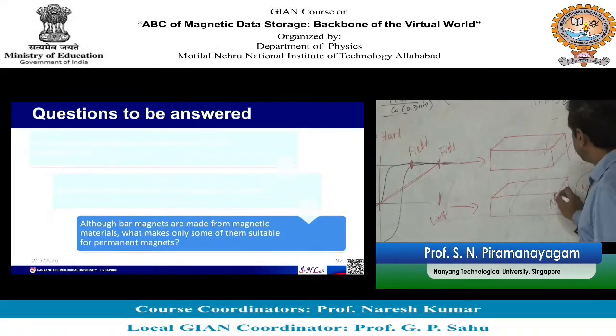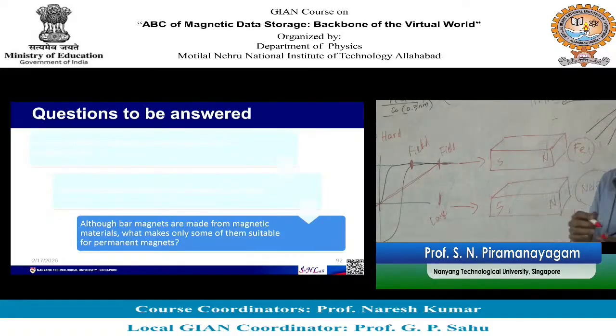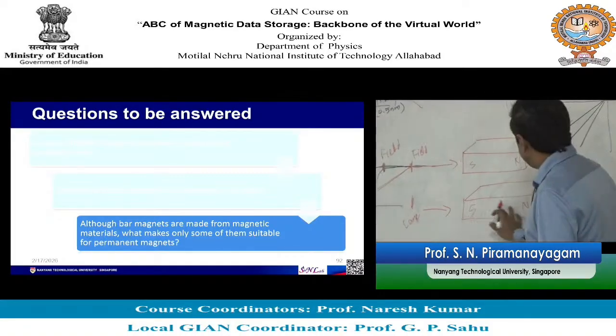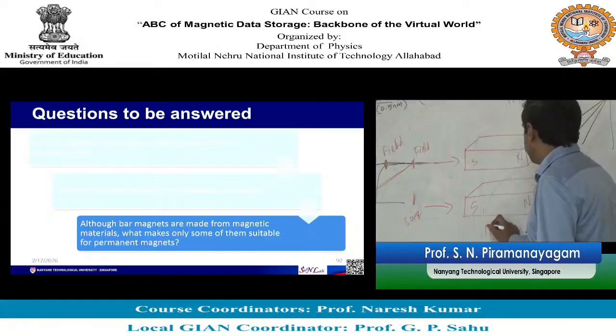So let's say you get north pole here, south pole here, north pole here, south pole here. Okay. So after you remove your magnetic field, the north and south poles of this will remain for a very long time.